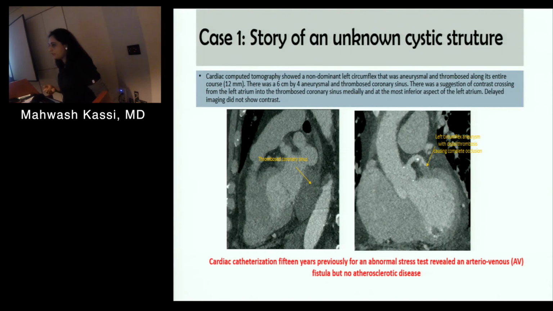The other hypothesis is that he had a ruptured plaque in the circumflex, causing thrombosis of the left circumflex and in addition causing thrombosis in the coronary sinus, producing a very big coronary sinus with a lot of thrombus in it. This was the eventual diagnosis, and the patient went for surgery.